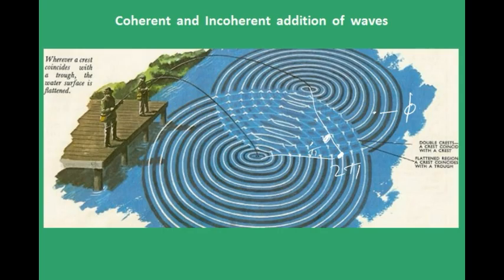It doesn't matter, but the condition is if it is 2 pi at some point, it should be 2 pi at all instants of time. I mean, it should remain constant. At every point, the respective phase differences should be constant. Then the sources are said to be coherent, or else incoherent.